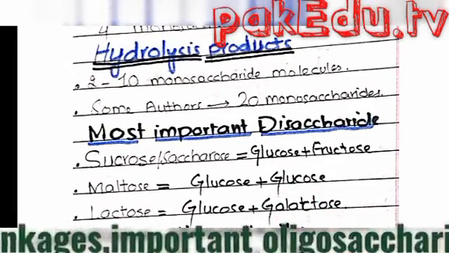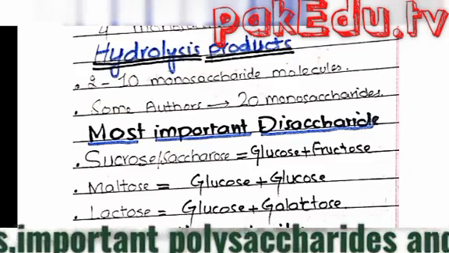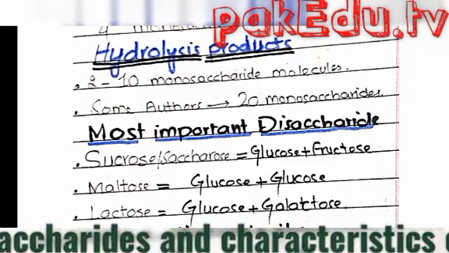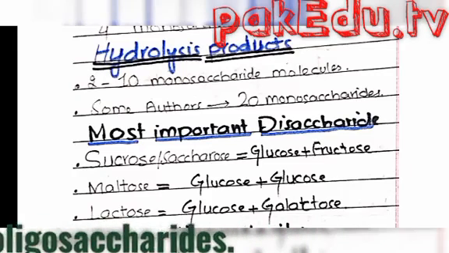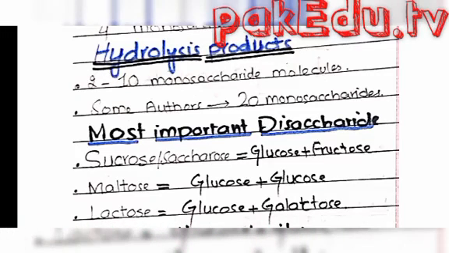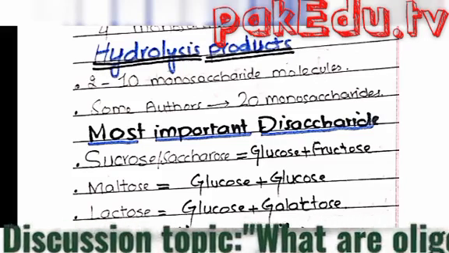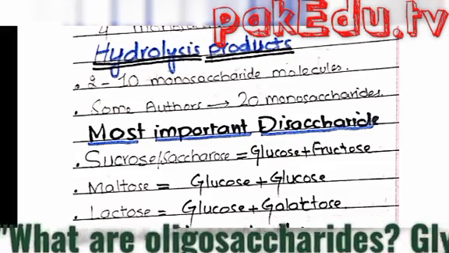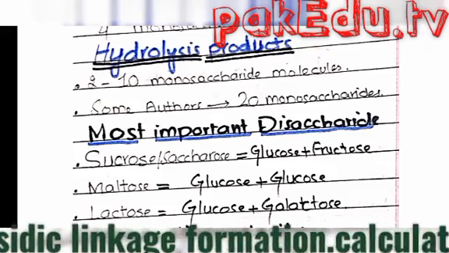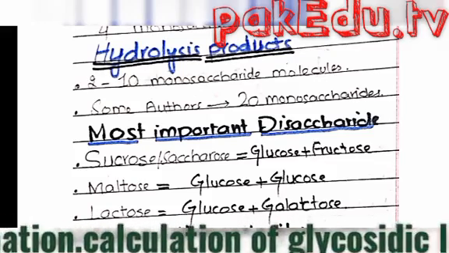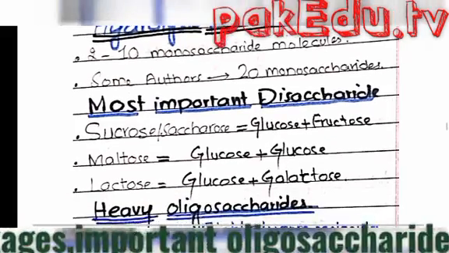Next, the most important oligosaccharides are disaccharides. This is the main and important point that I am going to discuss. The most important disaccharides are given below.